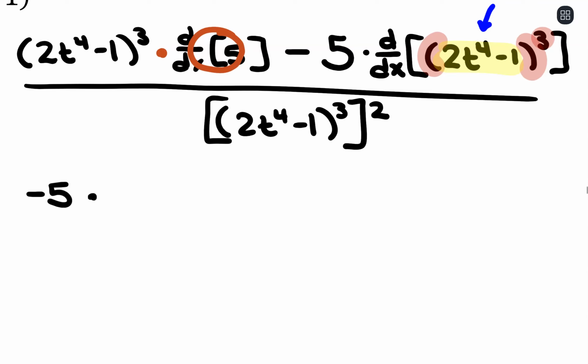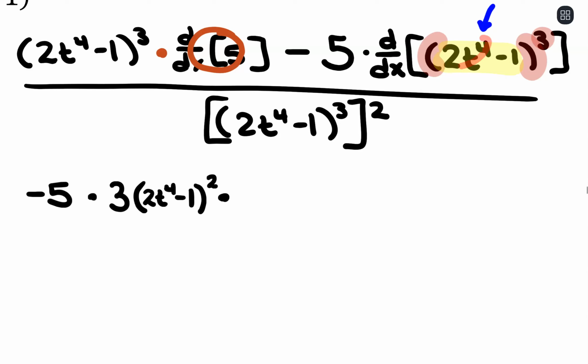So first part of my derivative is seeing this outside, so raising something to the 3rd power. When we take the derivative of that, the 3 drops down to multiply with the base raised to a power of 3 minus 1, which is 2. And we're keeping that inside function, so that's staying 2t to the 4th minus 1. And then we multiply by the derivative of the inside function. So derivative of 2t to the fourth minus 1.